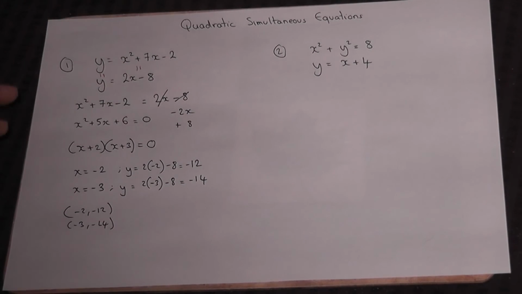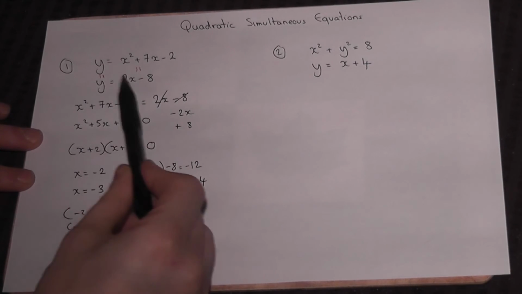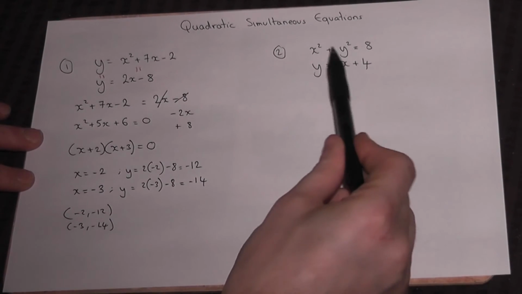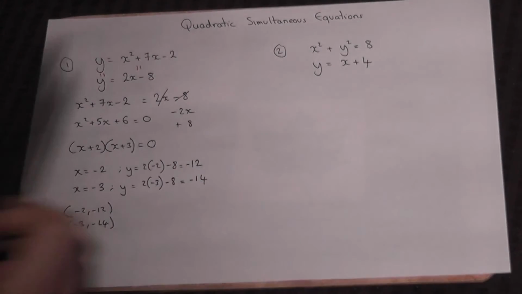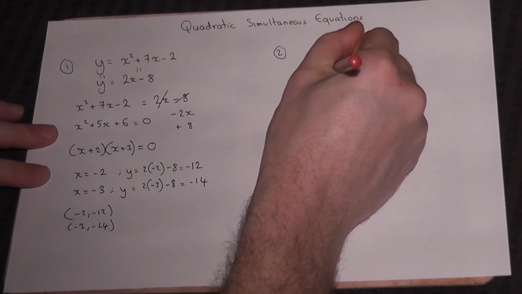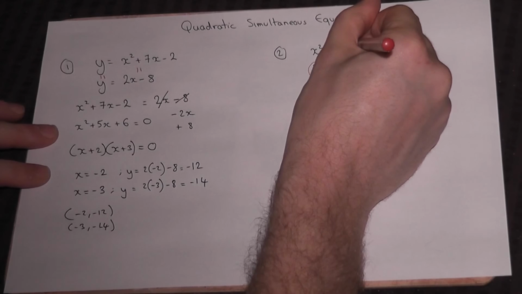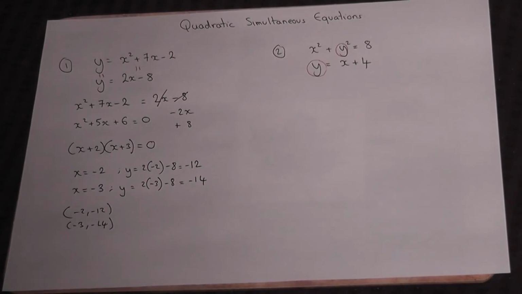Now in the second example, it's similar, but whereas these were both y equals, this one's y equals, but this one here is not. However, there's a little trick we do. Now this y here, where they intersect, where they're the same, must equal this y here.